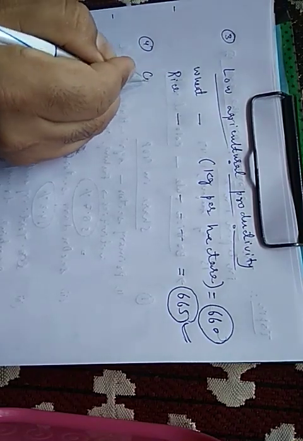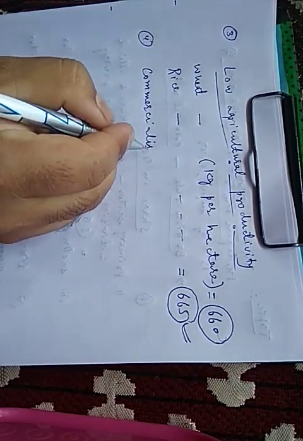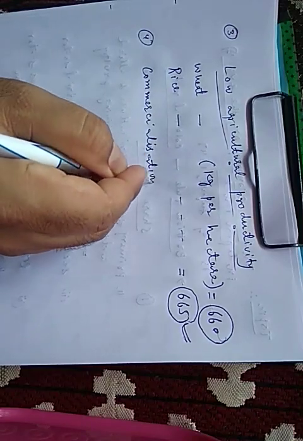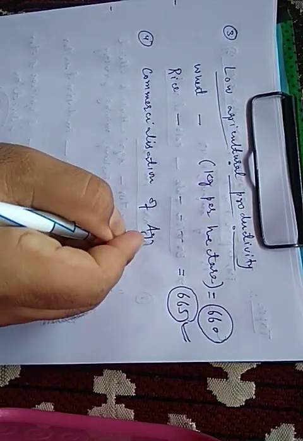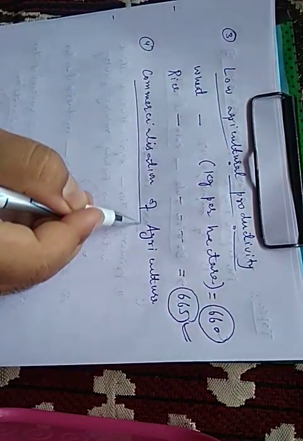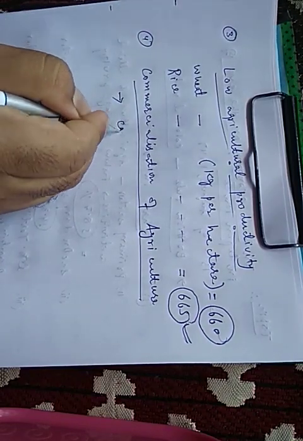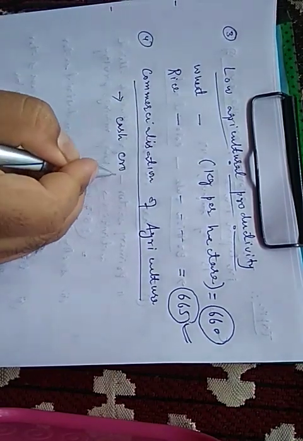The fourth feature is commercialization of agriculture. Commercialization of agriculture is the production of crops that are sold in the market in order to earn income, which we also call cash crops.